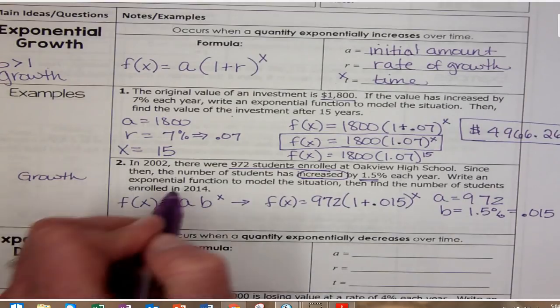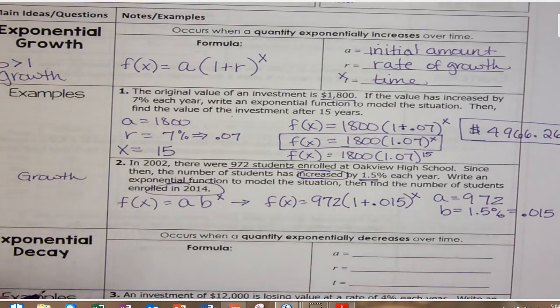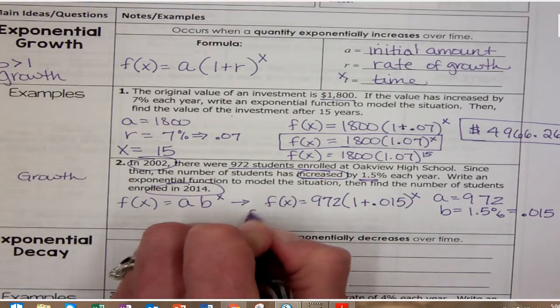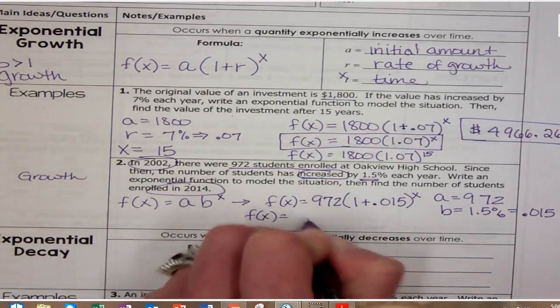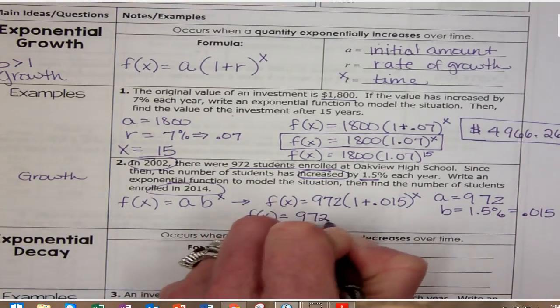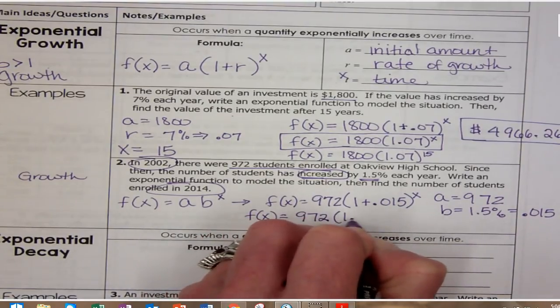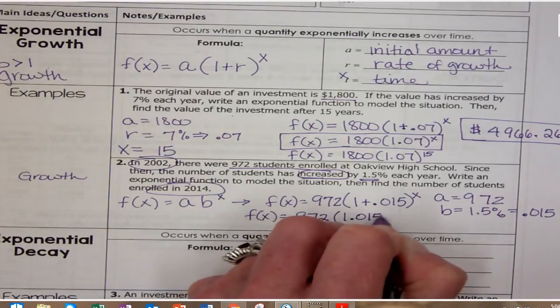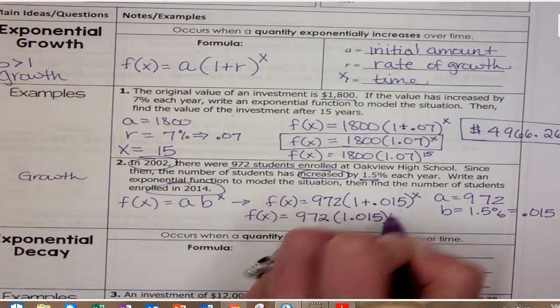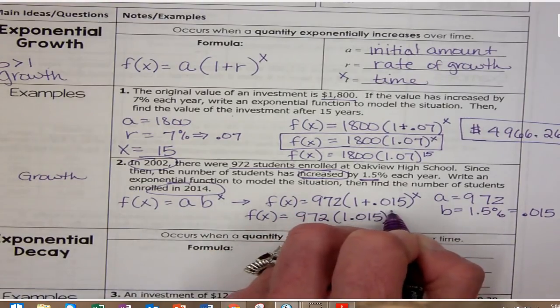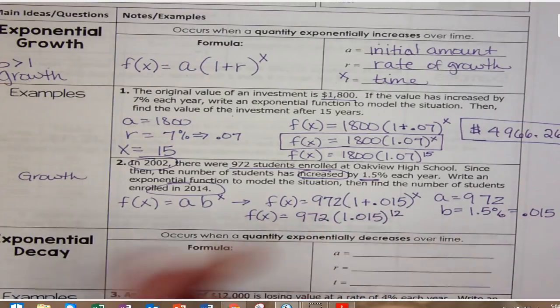Now we're trying to find the number of students enrolled in 2014. So from 2002 to 2014, that's 12 years. 972 times 1.015 raised to the 12th power.